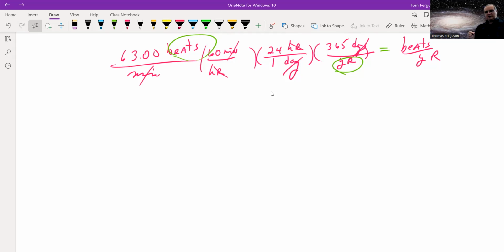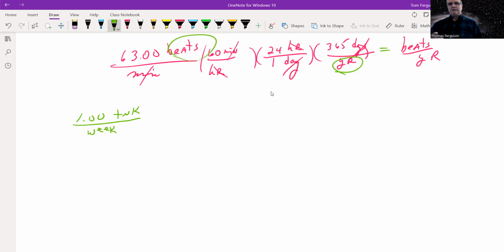All right, so this is what it looks like. So first we're going to calculate gallons for one car. And we use one tank a week. Now we know how many gallons we used in a week.